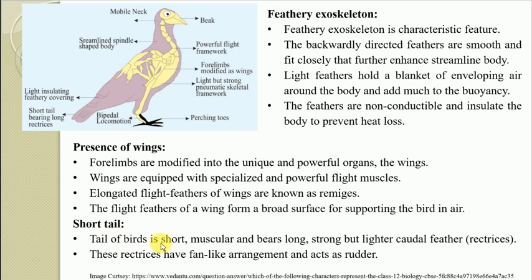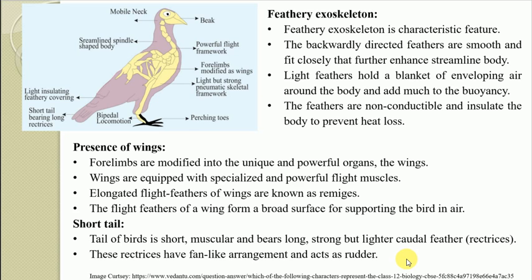So the tail is short and muscular, and it bears long, strong but lighter caudal feathers. Okay, those caudal feathers are referred to as rectrices. These rectrices have a fan-like arrangement, and act as a rudder during the flight, so that the birds can change direction as per their will.